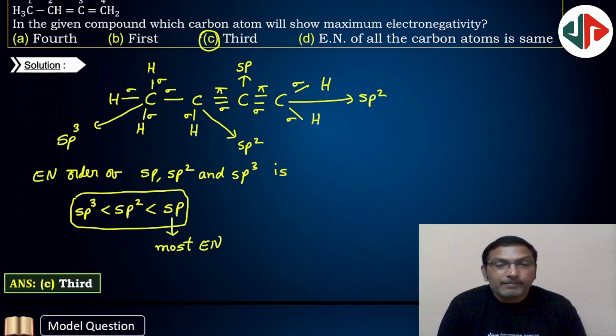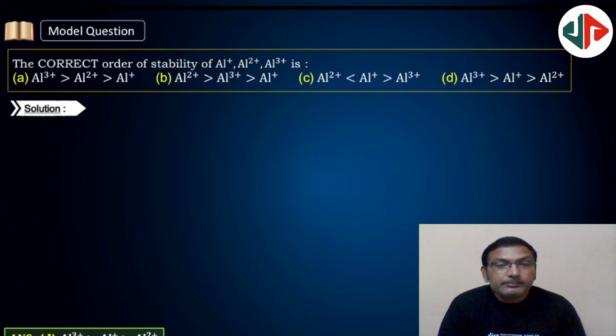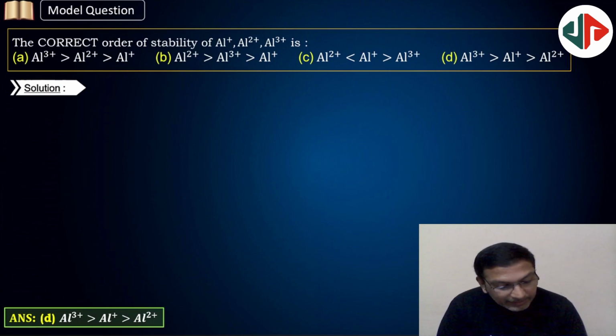Next one. This is also an important question. The correct order of stability of Al+, Al2+, Al3+.